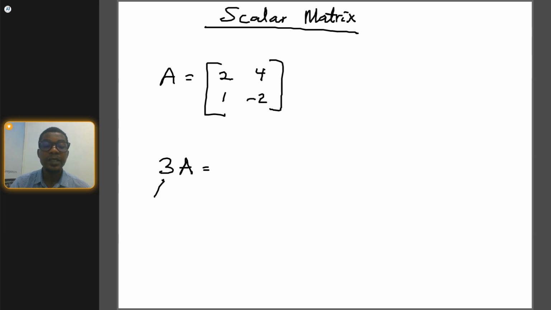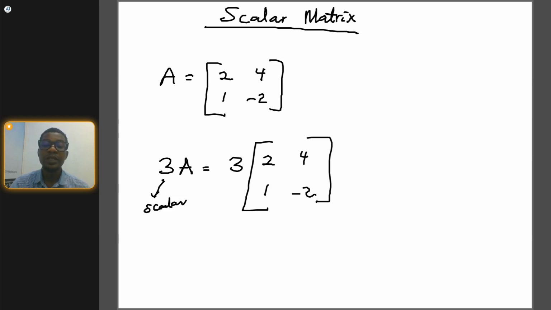The 3 here is a scalar. That 3 is called a scalar. So how do we obtain 3A? We have 3A and the matrix beside it, 2, 4, 1, minus 2, meaning that we are to multiply the whole matrix by the scalar, which is 3.